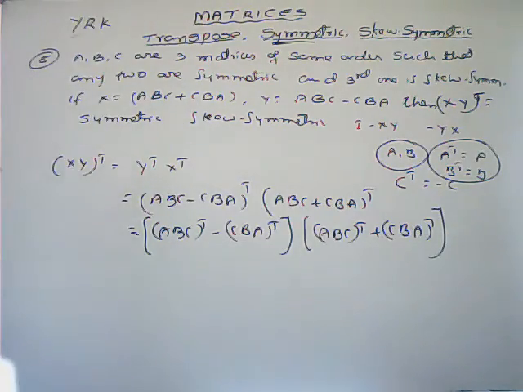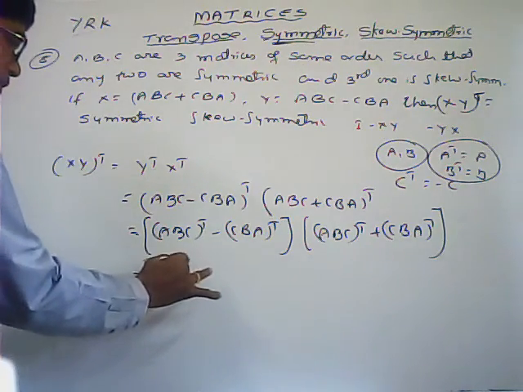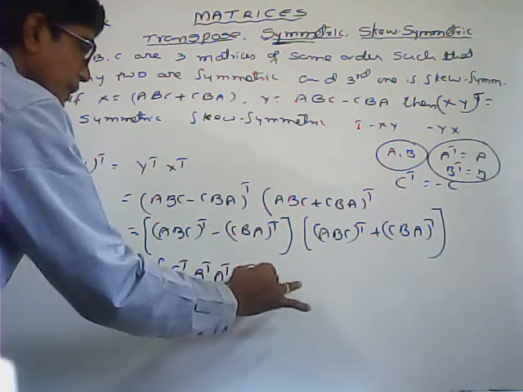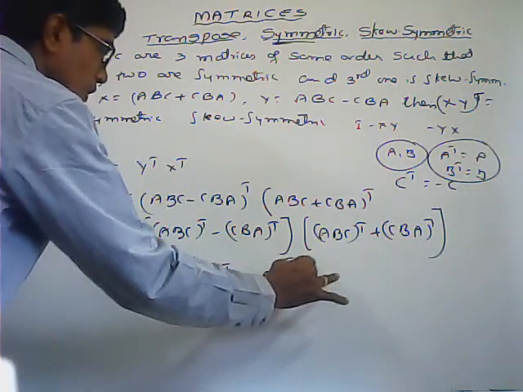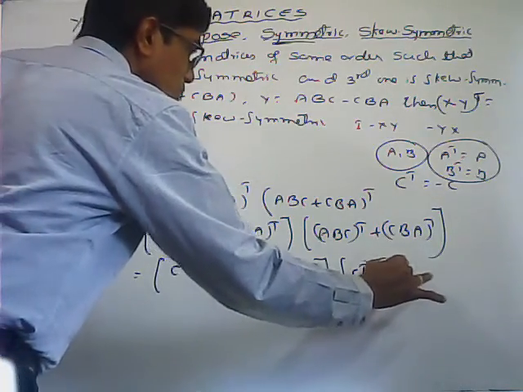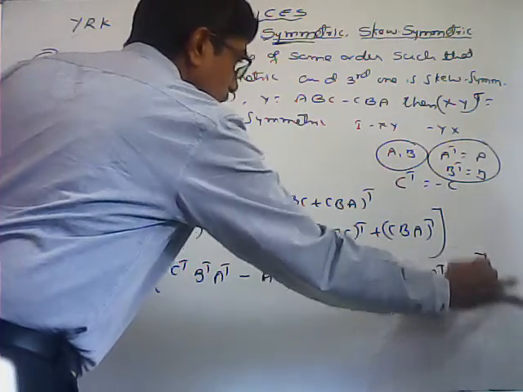And (AB) whole transpose equals B transpose into A transpose. So we can write C transpose B transpose A transpose minus A transpose B transpose C transpose, into C transpose B transpose A transpose plus A transpose B transpose C transpose.